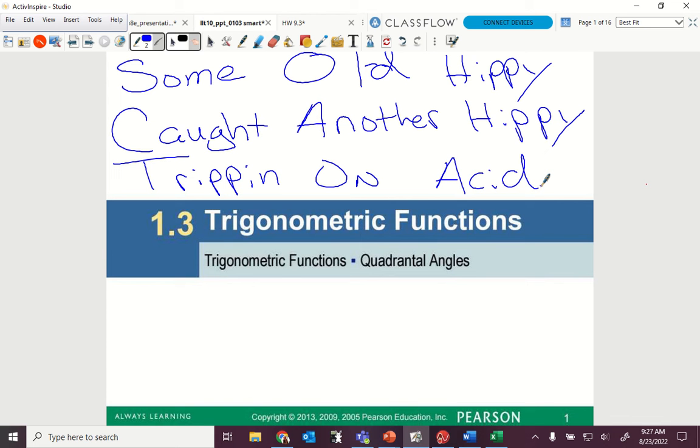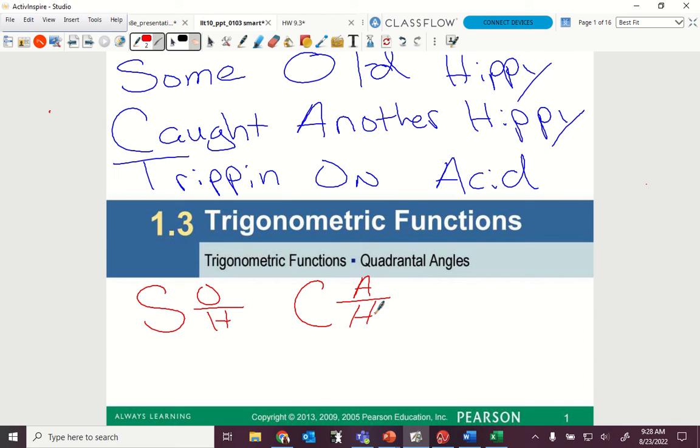So, we're going to write it as such. So there's the whole thing, but now I'm going to abbreviate it to make it a little bit easier. Some old hippie, so that represents sine. So what is sine supposed to be? Sine is opposite over hypotenuse. Yeah, I caught that. There you go. Then the next one is some old hippie, then it's caught another hippie.